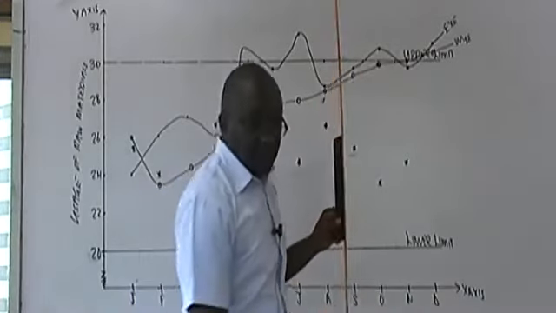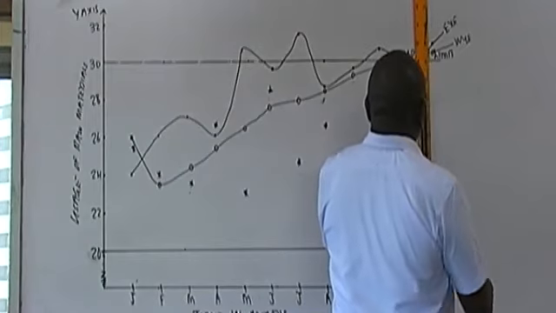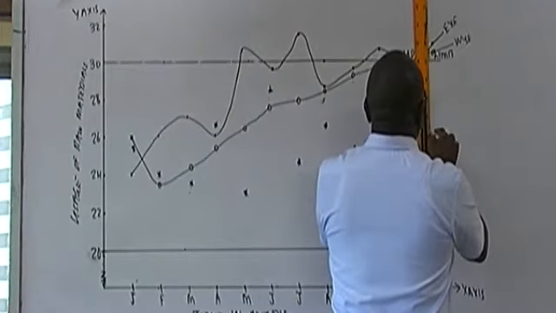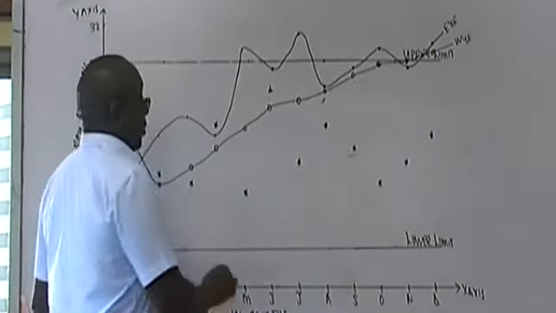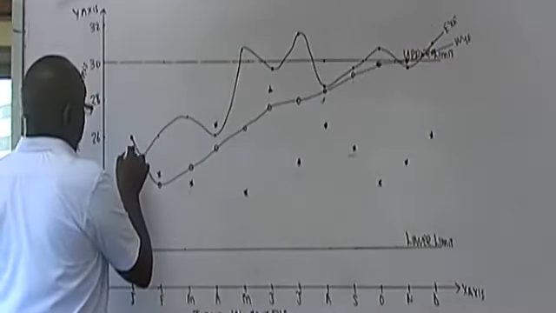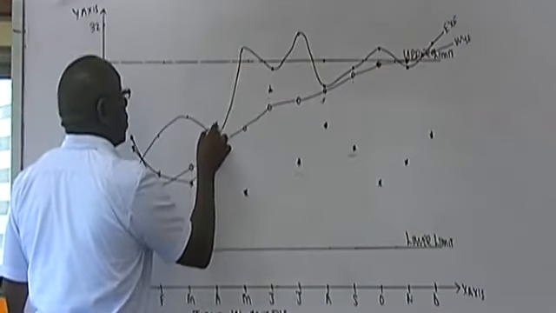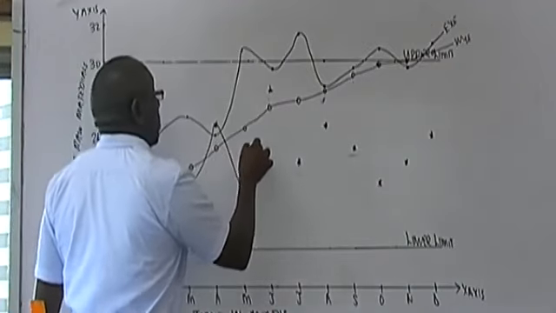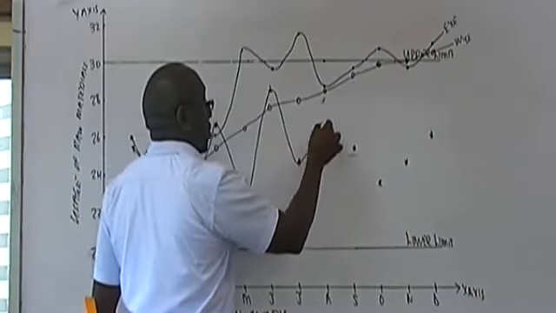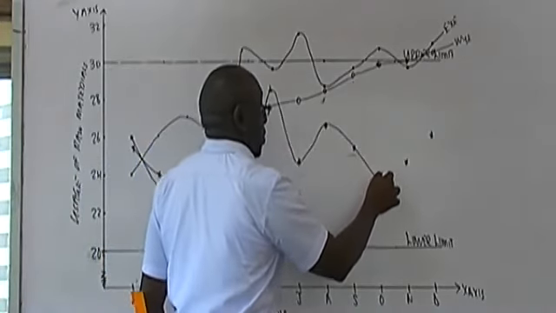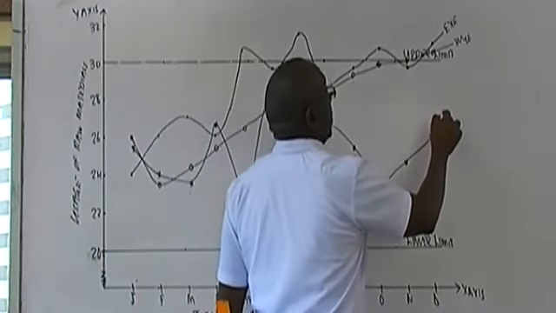And finally 26,000. 26 somewhere here. So we join them again. So this one is Z.